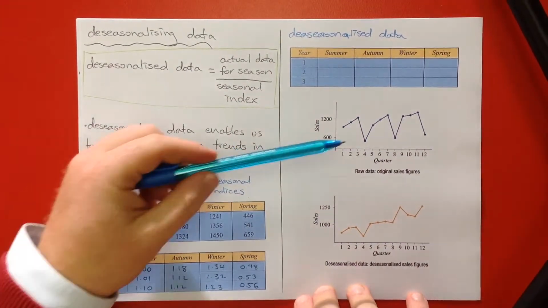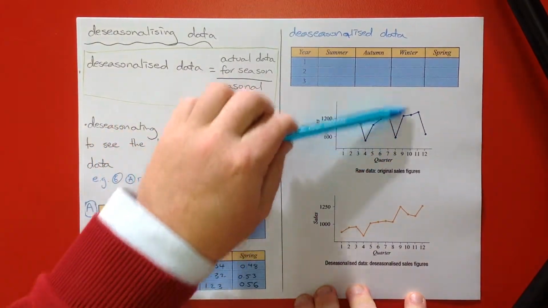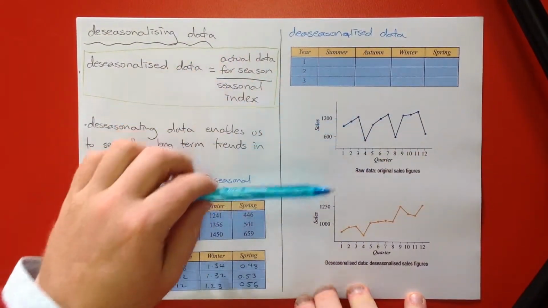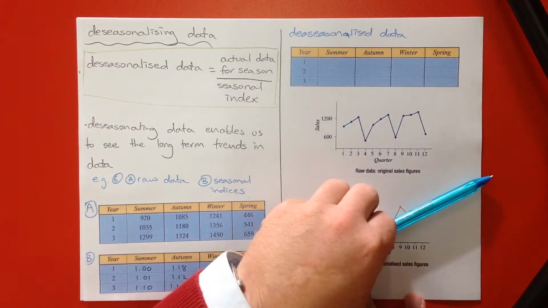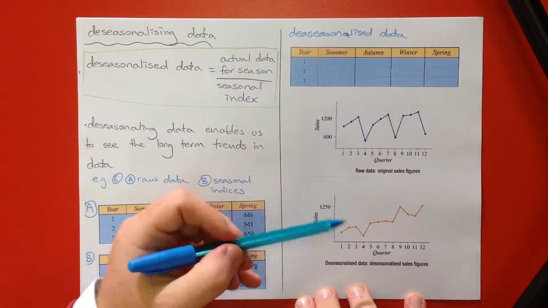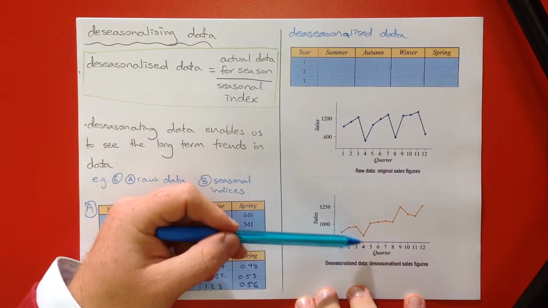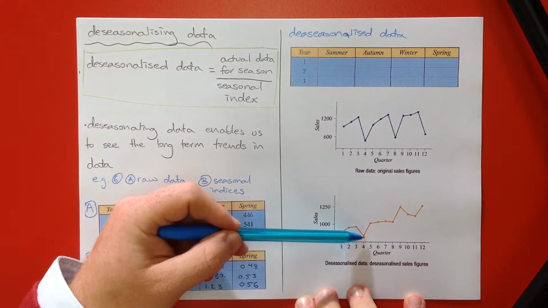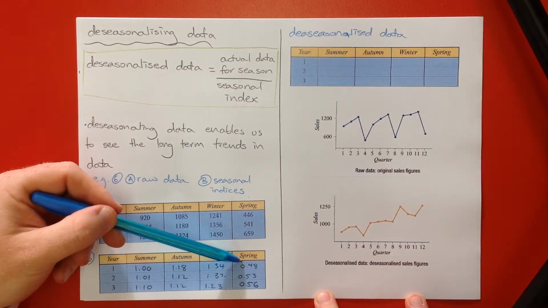What we can expect to see is that our raw data would look like this with all these seasons in there. Once we've finished, it's going to look like this. We can see that over a period of time we've got an increasing trend, we've increased our sales, and in this fourth quarter, which must have been spring in year 1, we've got drastically reduced sales on what we expected regardless, and 0.48 is quite low here.